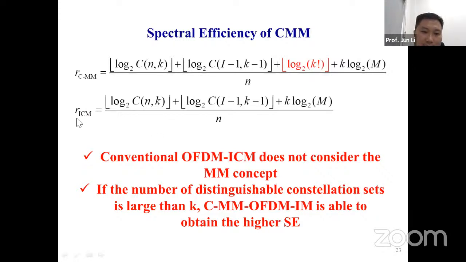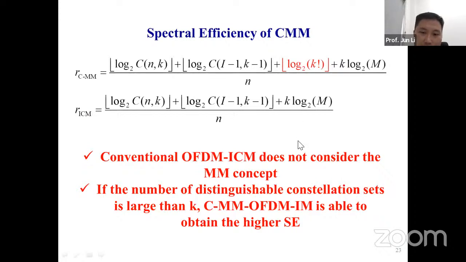Here, this is the conventional index composite modulation scheme. The only difference between these two equations is this log2 K factorial. That means in our scheme, unlike the conventional one, we incorporate the multiple mode concept into the conventional composite modulation.